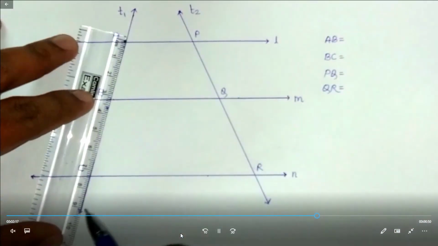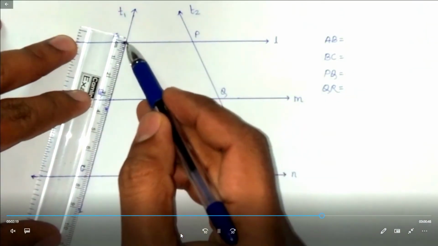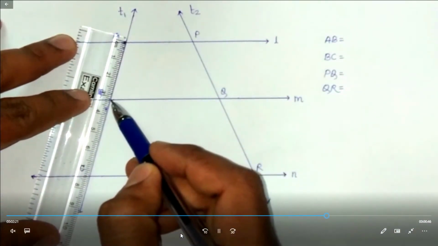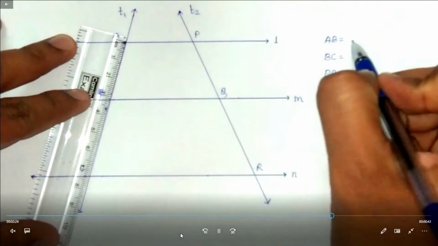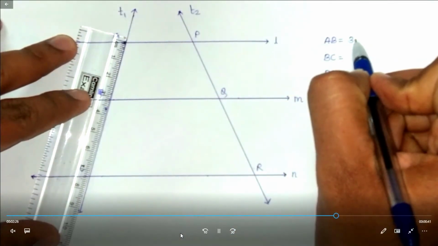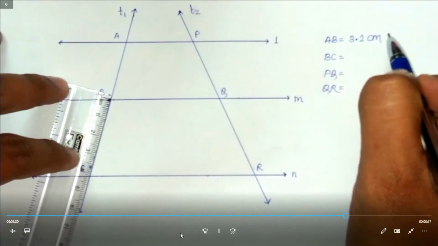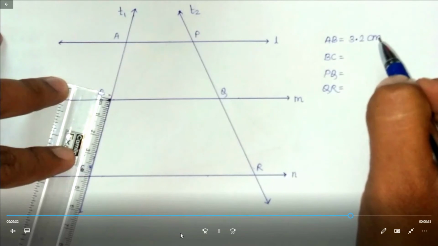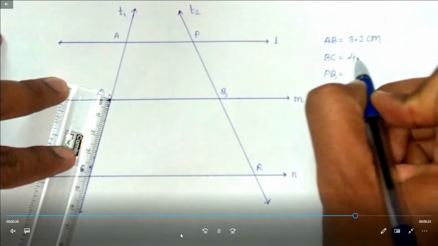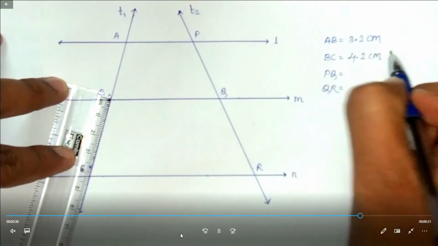Now I have to find the distance between point A and point B. Using a scale, I got the value 3.2 centimeter. So AB is 3.2 centimeter. BC is 4.2 centimeter.